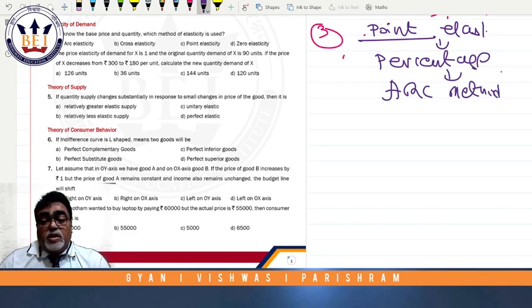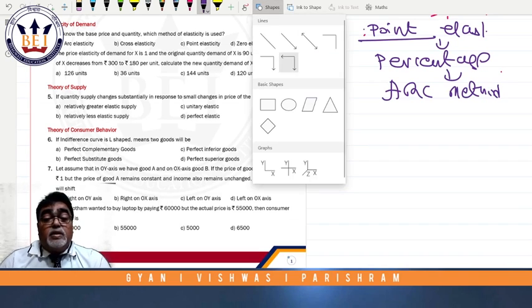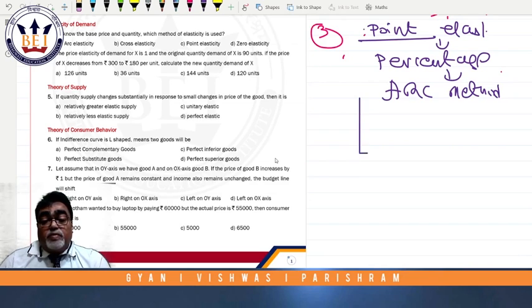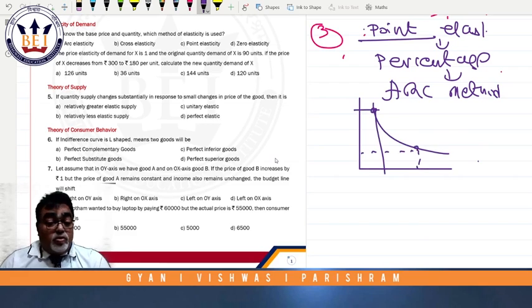Initially, Professor Marshall gave the point method and percentage method, but over time it was observed that when there is a considerable change, the point method does not give an authentic result. To get rid of that, he made one arc.